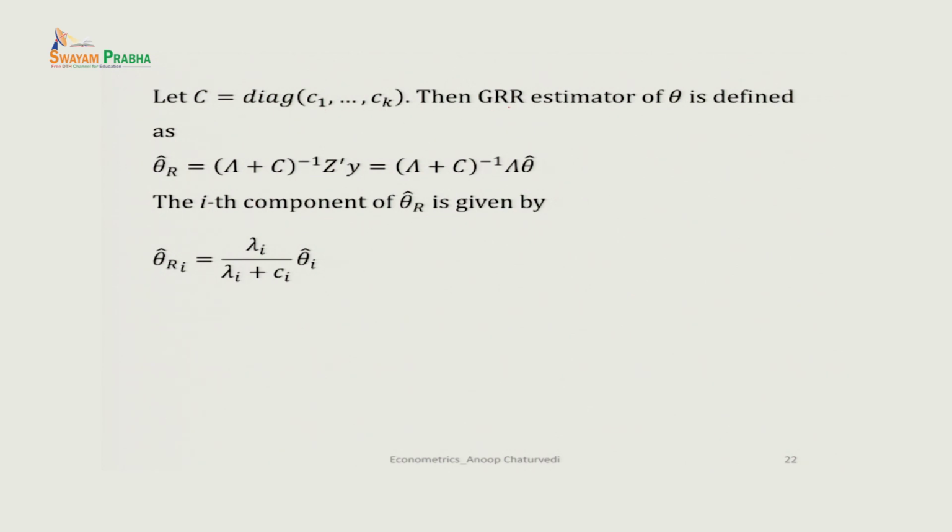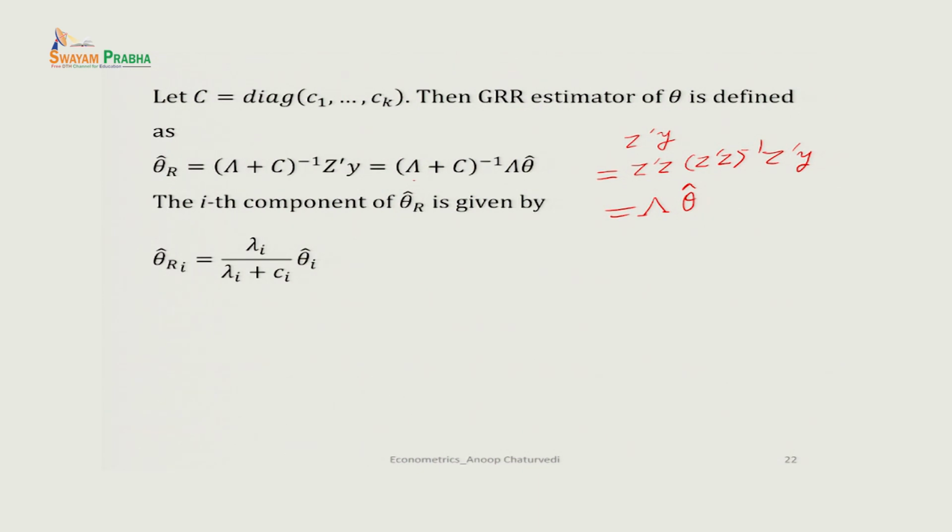Then the generalized ridge regression estimator of theta is defined as theta hat r equal to (Lambda plus C) inverse Z transpose y. Now, Z transpose y can be written as Z transpose Z times (Z transpose Z) inverse Z transpose y. Z transpose Z is equal to Lambda, and this is theta hat, the OLS estimator of theta.